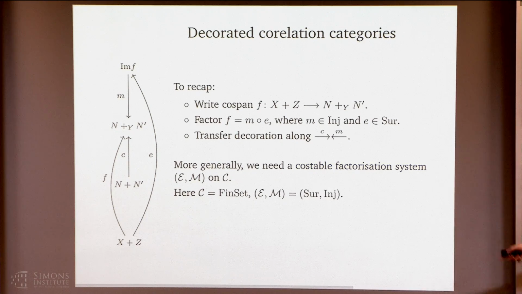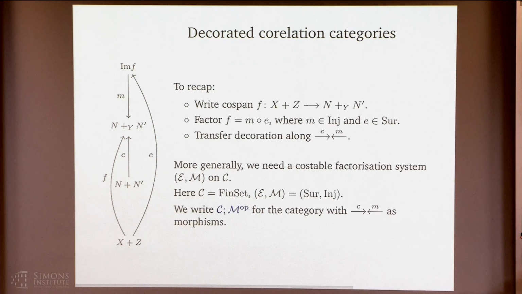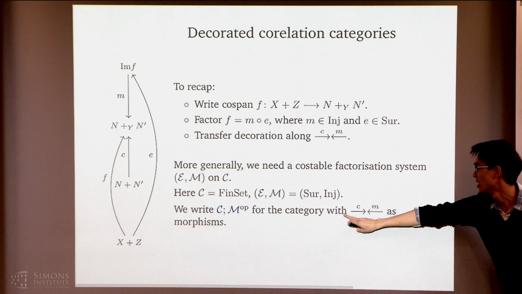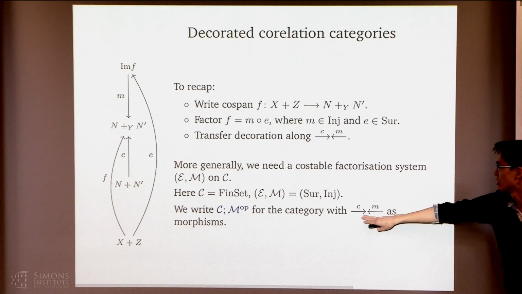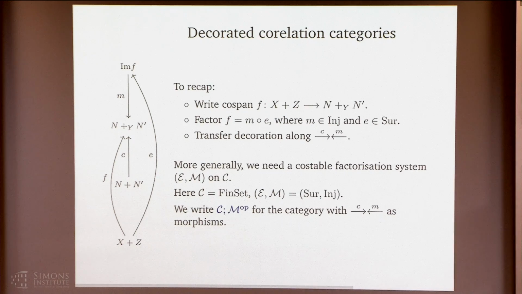And here, in this example, C was the category of finite sets, and this factorization system was the surjection-injection factorization system. So more generally, we write this for the category with morphisms, a morphism in C, then a backwards morphism in M.